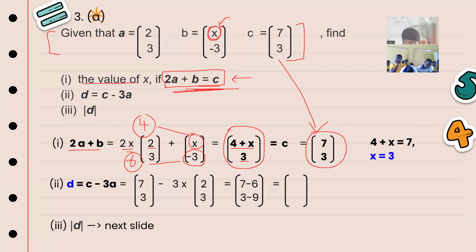This is a little bit trickier because we're dealing with vectors instead of just regular variables like x and y. I hope everyone still understood how to solve this question. We get 4 plus x equals 7 by equating the top side with the other top side. It's always the case that we equate the top with the top and the bottom with the other bottom side.